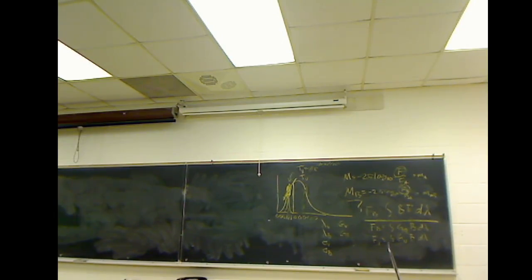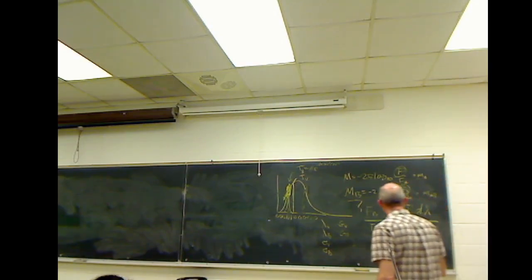So there's a difference between the full width half maximum and sigma. Sigma is what goes into the Gaussian. But the full width half maximum is easier to see.